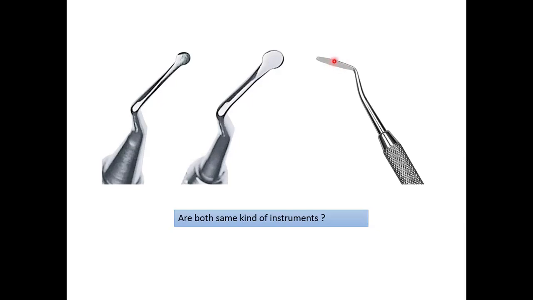It has serrations, which help to pack the cord nicely if the depth is not sufficient. If your gingival sulcus is not of sufficient depth, you can use this serrated cord packer to pack your cord more efficiently. So are both the instruments of the same kind? Yes, both are gingival cord packers with different designs. That's it.